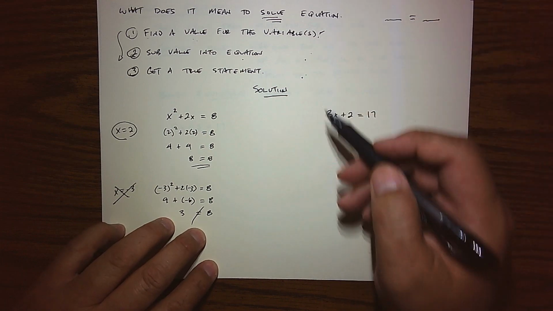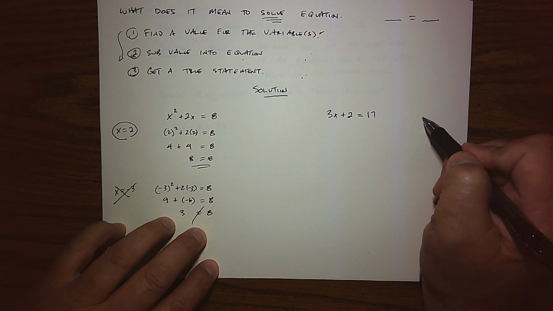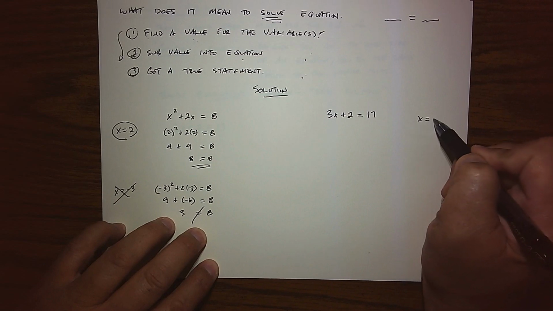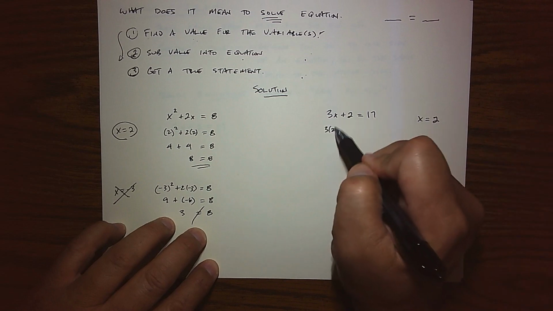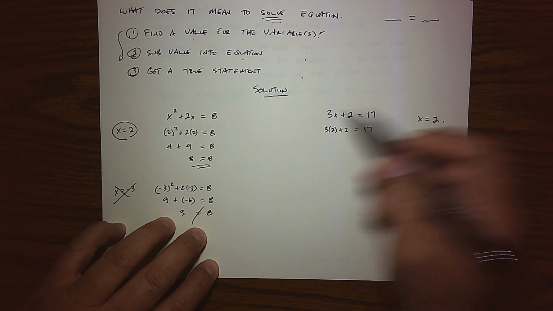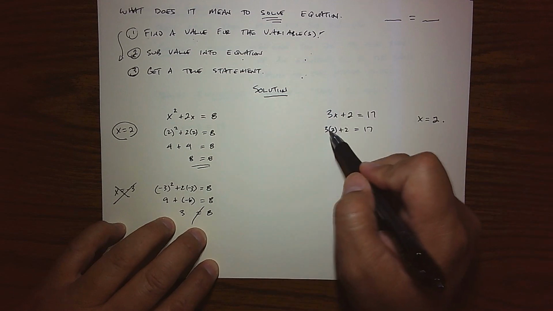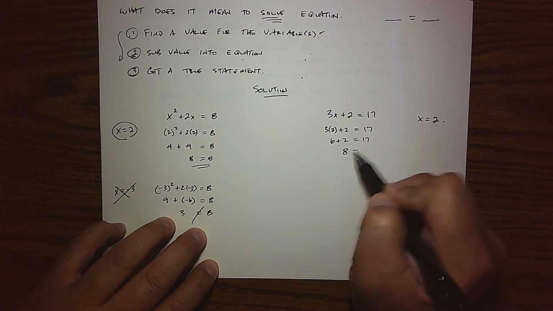Over to this easier one, let's just make some guesses. Maybe I guess that x is equal to, let's say, 2. All right, let's try 2 again. When I plug that in, I gave myself a value, I plugged it in, we're going to see if we get a true statement. So 3 times 2 would give us 6. 6 plus 2 gives us 8.